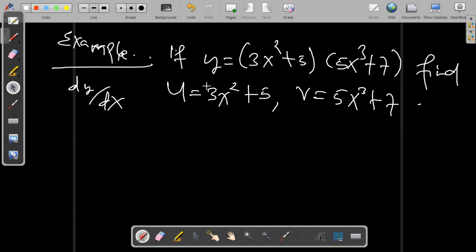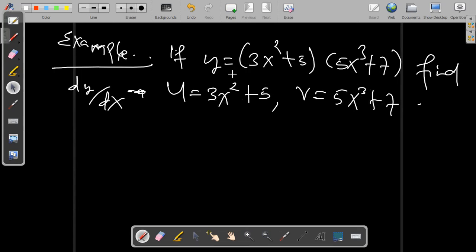So, the solution: how do we solve this? We write out our u as 3x squared plus 5, and v is equal to 5x cubed plus 7, as you observe.